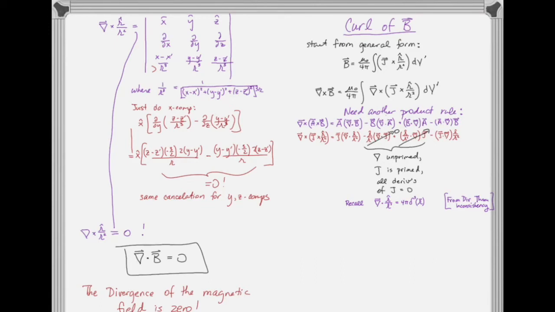Both when it's the divergence and when it is just multiplied, it's the same example again where you took the derivative with respect to unprimes, but the J's are all in terms of primes, and so all of those will turn out to be 0. So you get that those two middle terms are 0.